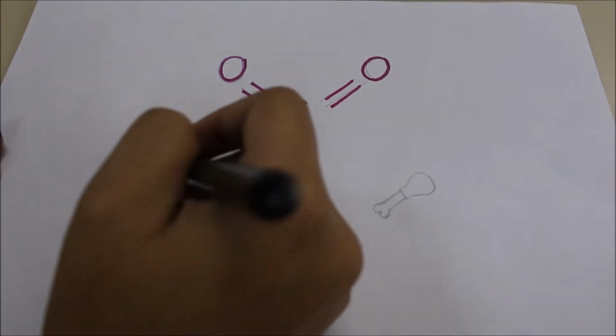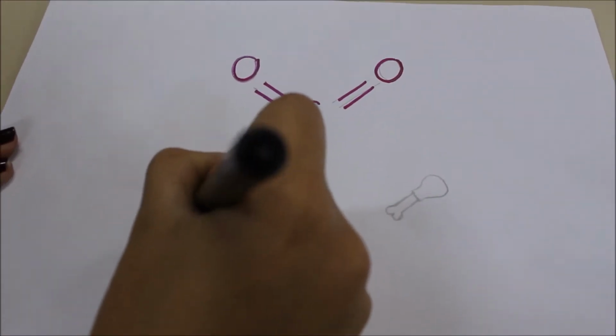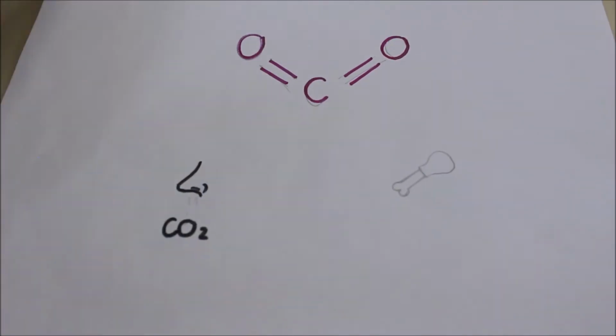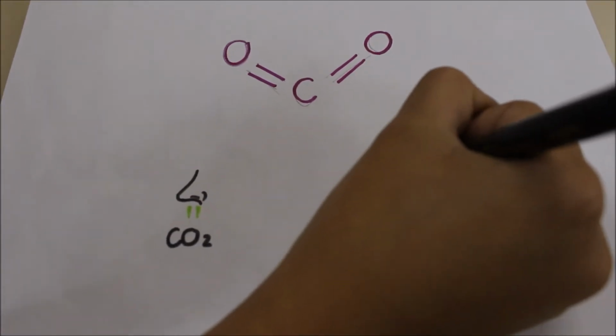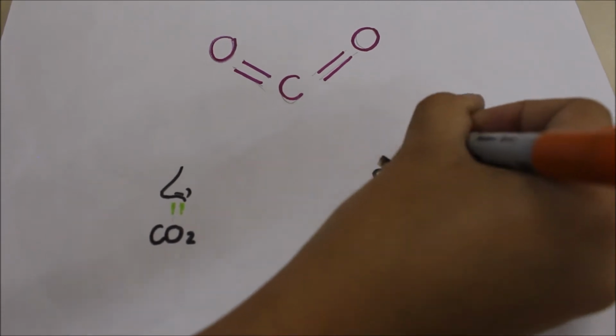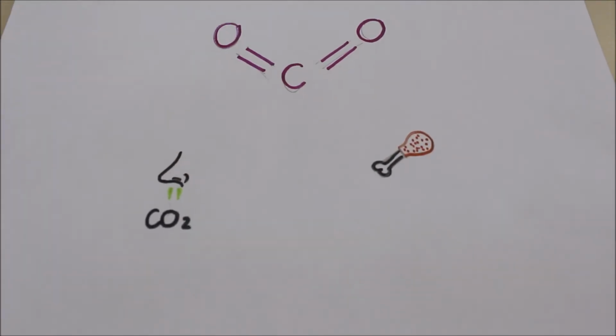The carbon can be assimilated by some bacteria directly from the air as carbon dioxide, being called autotrophic, or it can be assimilated through the food. These are called heterotrophic.